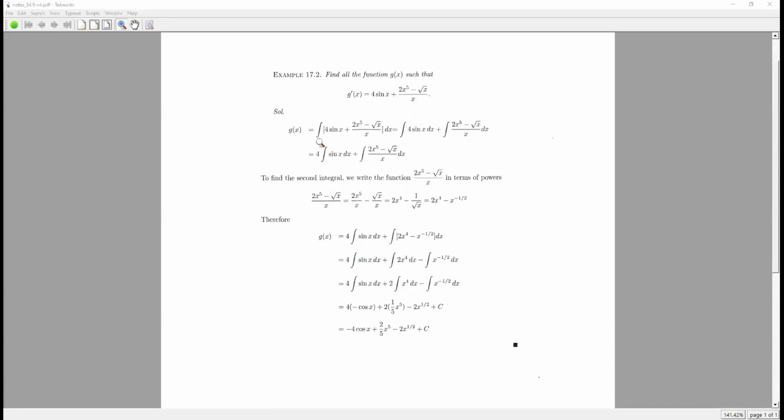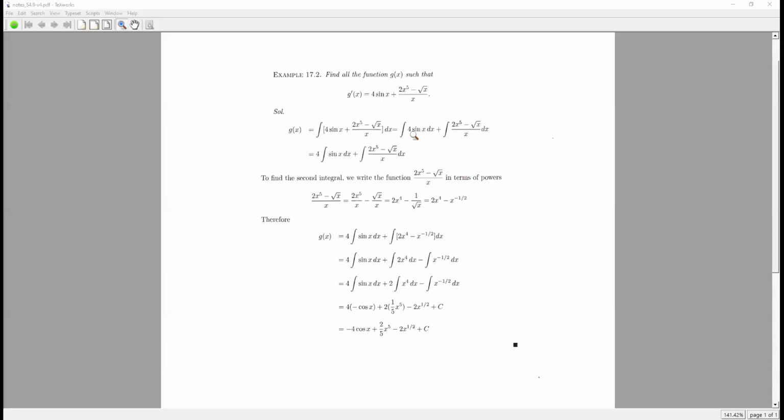For integrals, we also have a summation formula, a subtraction formula, and the formula for a scalar times a function. But for integrals, we don't have a product formula. We don't have a quotient formula. Now, by the summation formula, I can split this big integral into a sum of two smaller integrals.